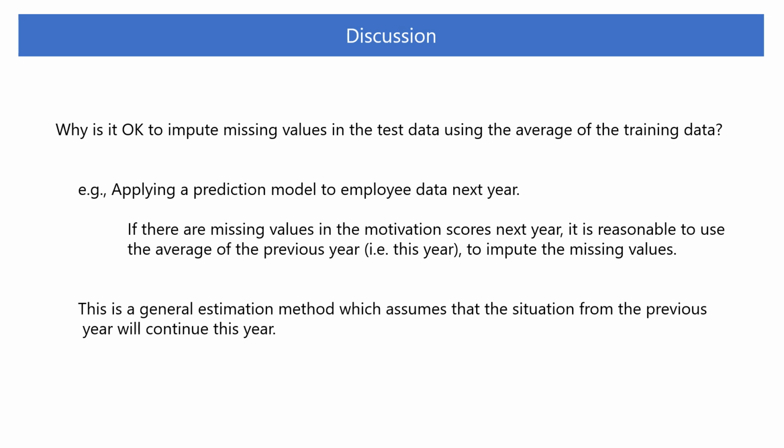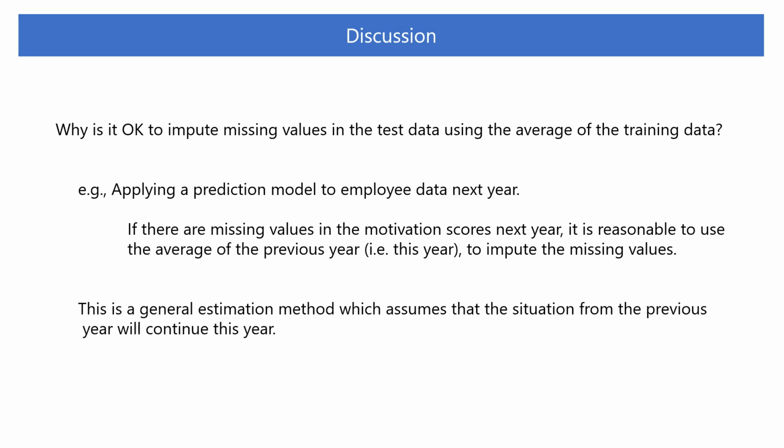In the above procedure, we impute missing values in the test data using the average of the training data. Why is it okay to impute missing values in the test data using the average of the training data? The reason is that using the average of the training data for the test data is a method that aligns with realistic operations in that it processes future data using past information.